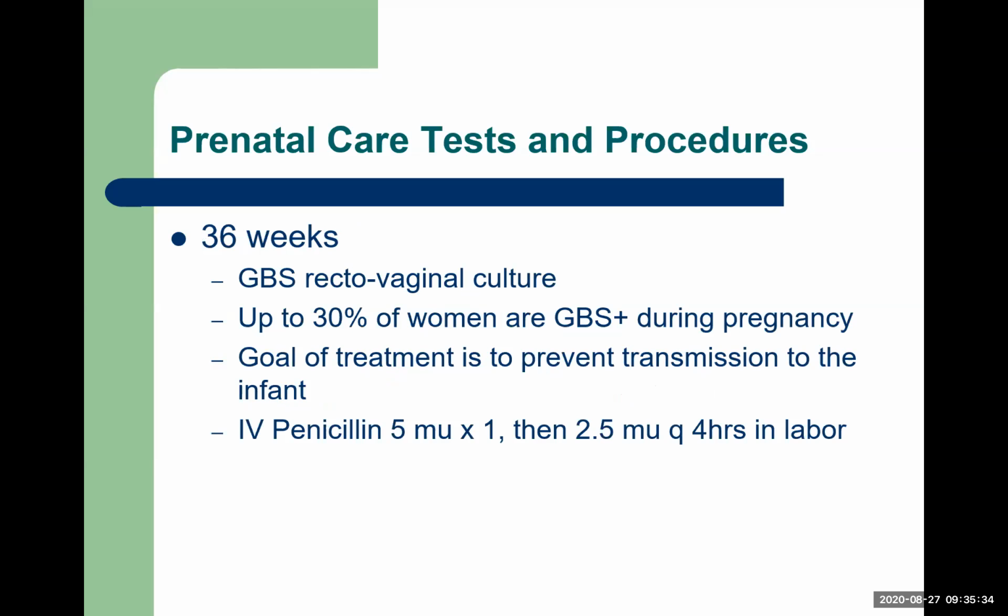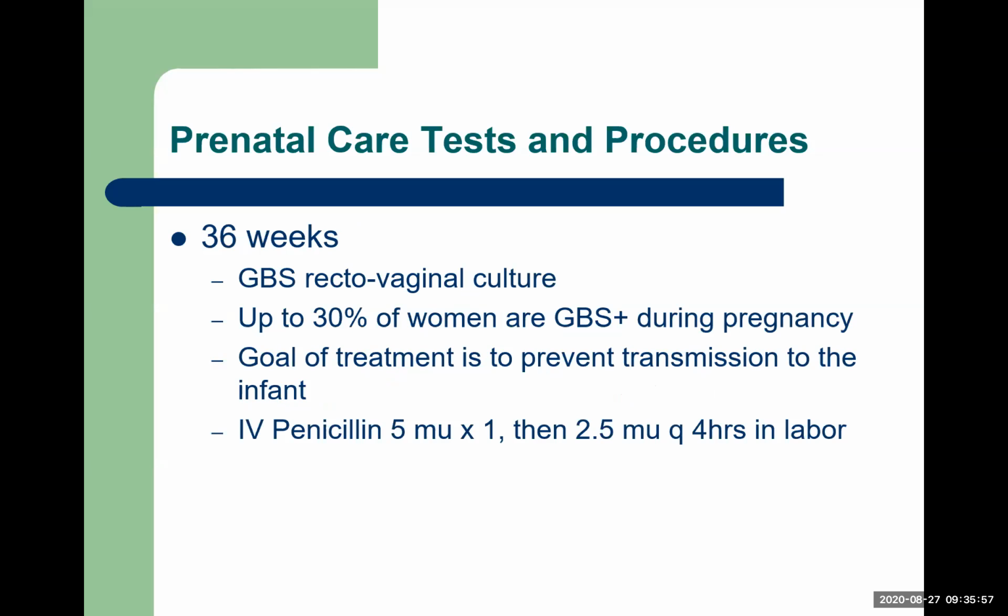At 36 weeks or so, we do our GBS rectovaginal culture. And it's important to remember that up to 30% of women are going to be GBS positive during their pregnancy. So sometimes patients are concerned when we tell them that they are GBS positive.